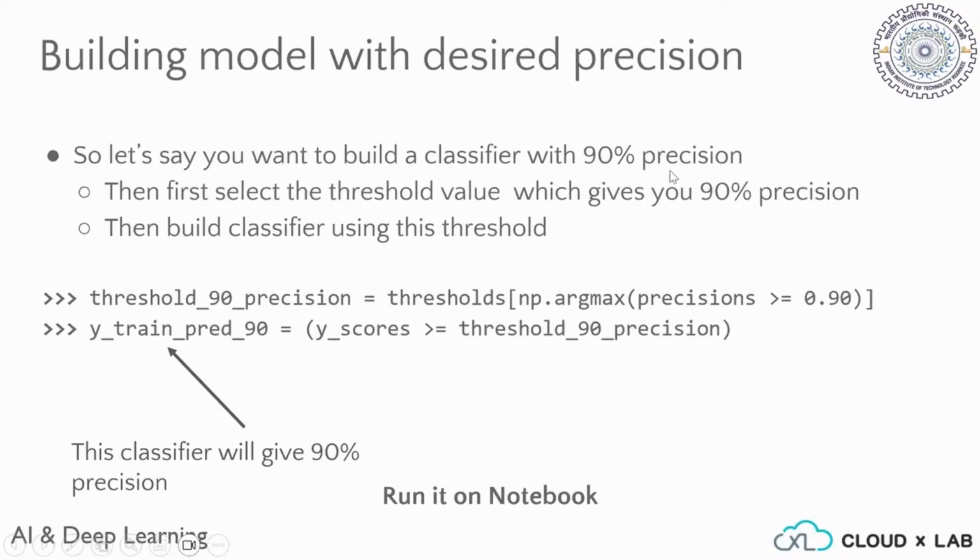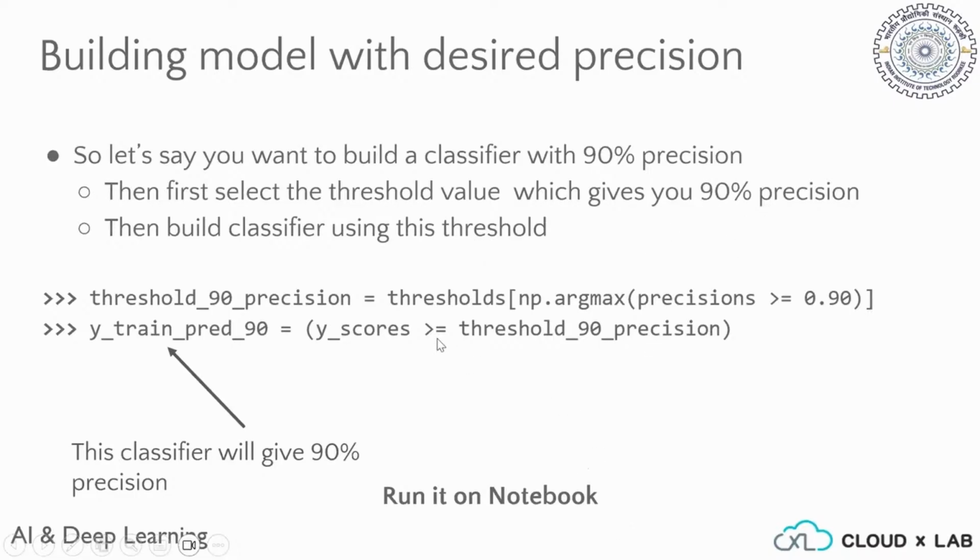We have to select a threshold. For that particular threshold, there will be 90% precision and some recall. But since we are only interested in high precision, our goal here is to find the threshold value which is giving 0.9 precision, right?